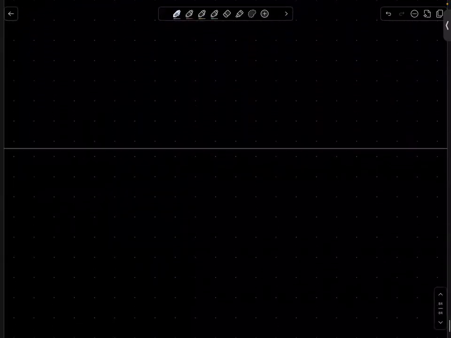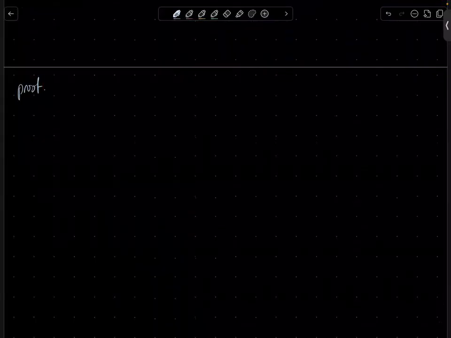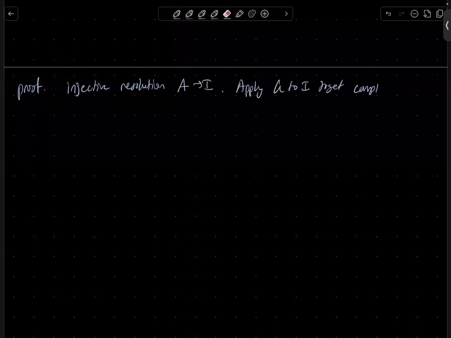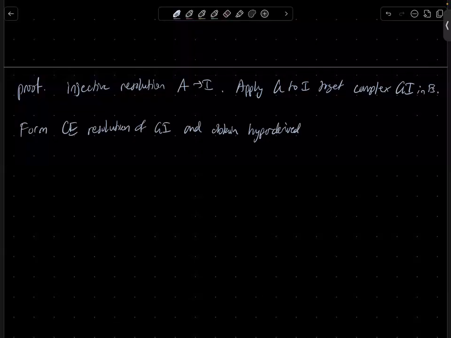So, okay, here's the outline of the proof. You start with an injective resolution of A, so A into I. Apply G to I to get the complex GI in B. And then form the Cartan-Eilenberg resolution of GI and obtain the hyperderived functors on GI, so R^n F of GI.